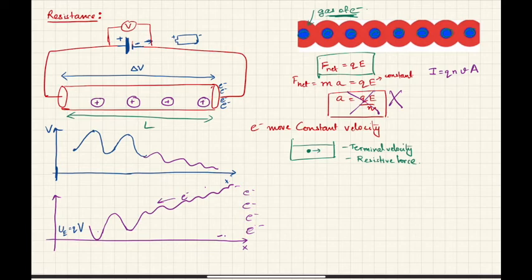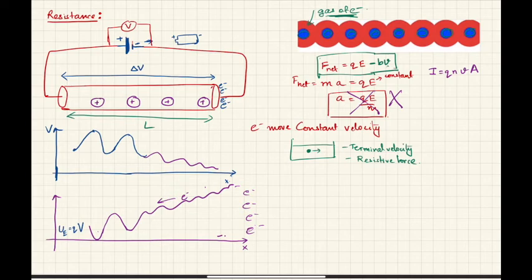So this equation is no longer correct, right? I will have to rewrite that. I have to add a term that accounts for the resistance to the motion of the electron, and so I'm going to write that down as minus b times v. This is again motivated by a viscous force.